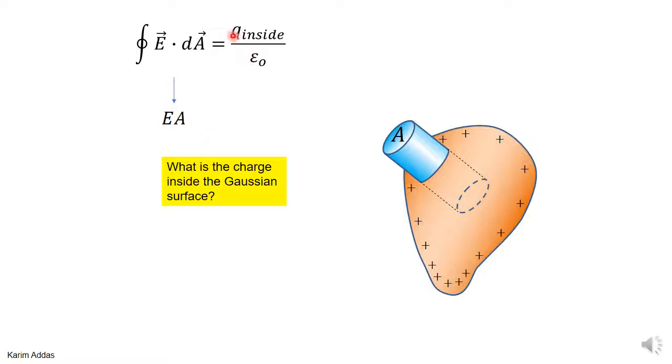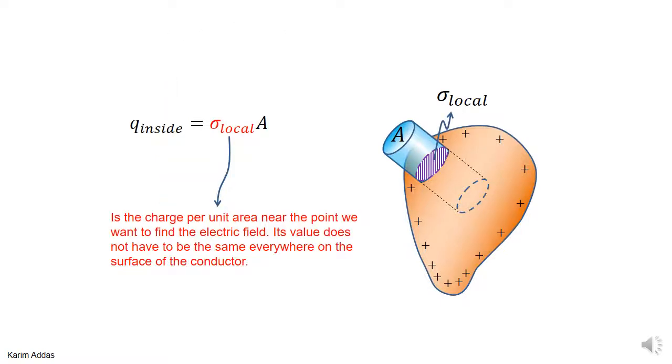What is the charge inside the Gaussian surface? Where is the charge located? Remember we said that the charge has to be located on the surface. So the only place where there's charge inside this cylinder is the intersection of the cylinder with the surface of the conductor, which is a small circle. How can we write the total charge on this small circle?